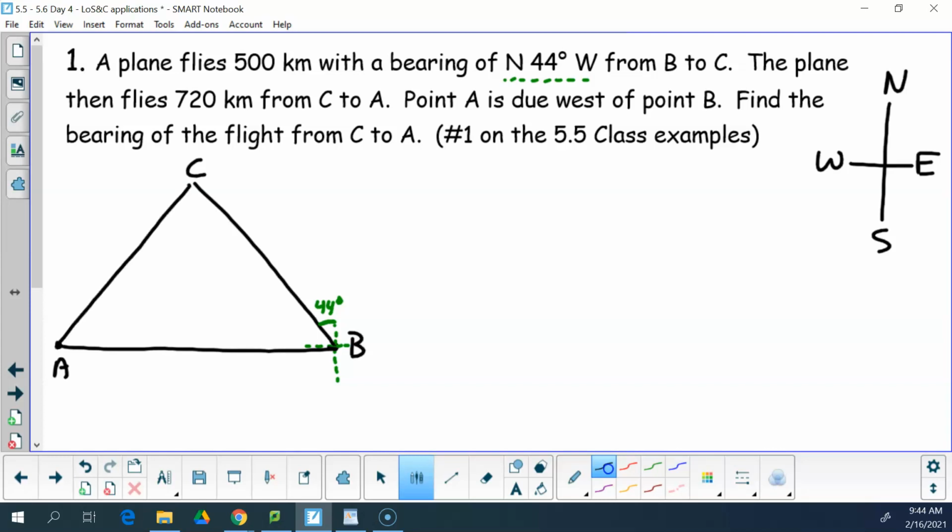And there's my triangle. It also says that this is 500 kilometers and this is 720 kilometers. Would you agree with my triangle as drawn?